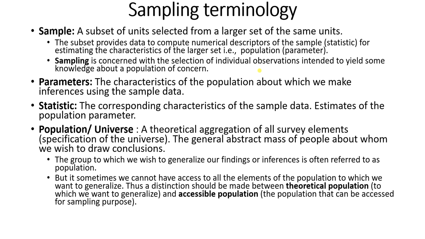But the accessible population is that larger set of units which are only accessible. If there is any unit or subset of units that is not accessible for drawing the sample, then that will not be part of the accessible population, but that can be part of the theoretical population.